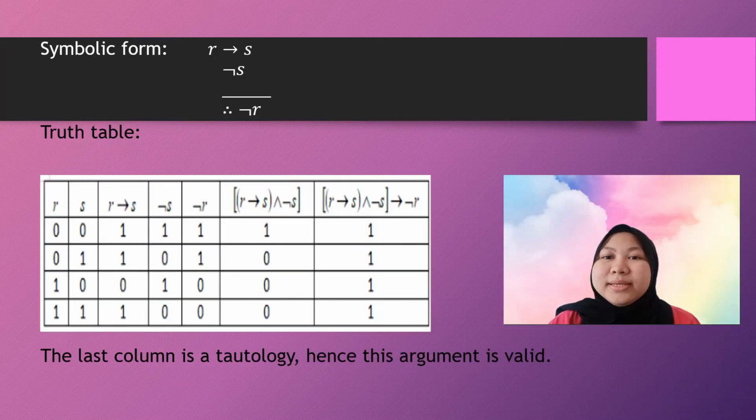Then we get the symbolic form for this argument, which is R implies S and not S, therefore not R. As I explained earlier, this type of argument is known as the law of contraposition or modus tollens. So any argument in this form is a valid argument. But we have another way to solve this type of question, which is using the truth table. Based on this question, we can see the last column in the truth table is a tautology. Hence, this argument is valid.